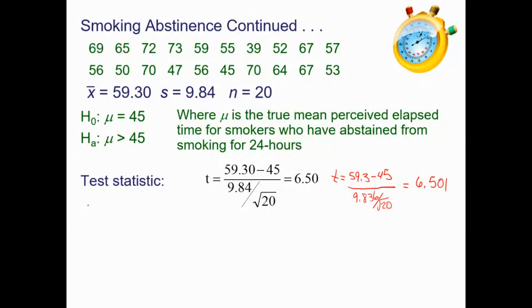And to do that, though, we need degrees of freedom. Now, how many degrees of freedom would this have? 19 degrees of freedom. So at this point, I'm going to switch over to the calculator. But before we do that, what kind of test is this? Which tail are we looking at?